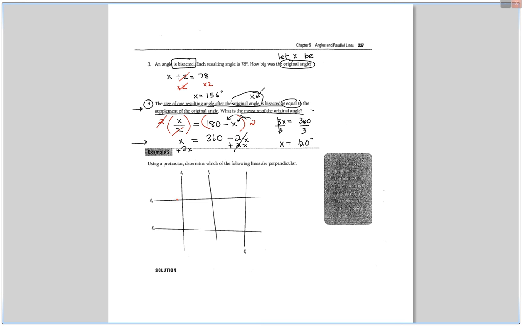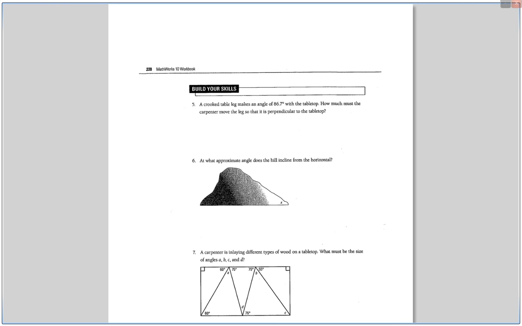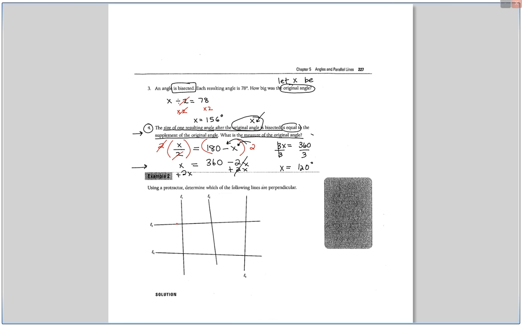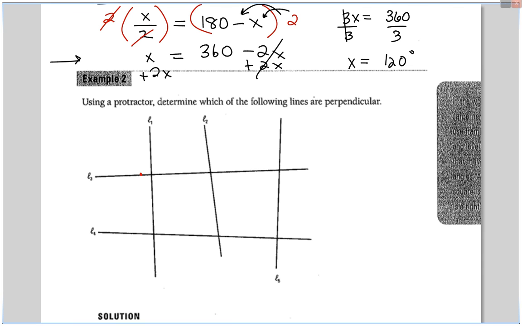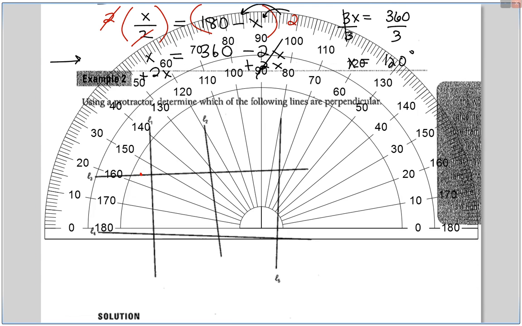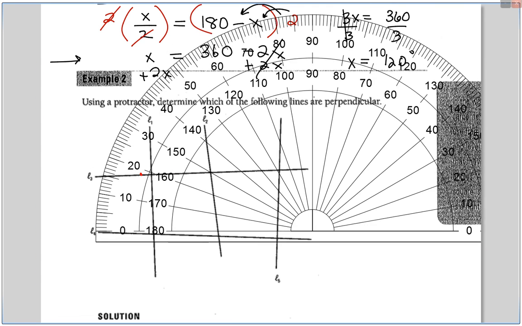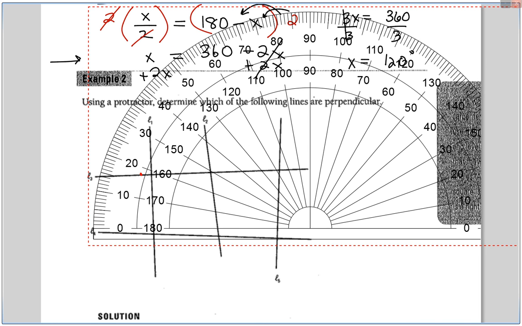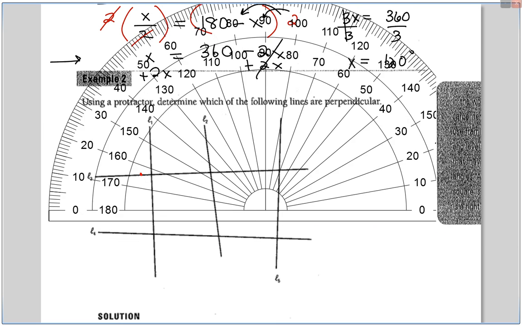Okay, so now they're wanting us to use a protractor to determine whether angles are perpendicular or not. So all you have to do is overlay your protractor onto these and see if it lines up with 90. Now you know that 90 is the square angle, so it lines up perfectly with this tool.